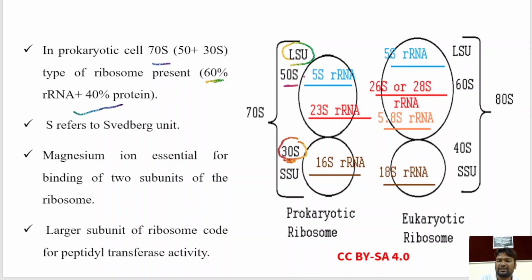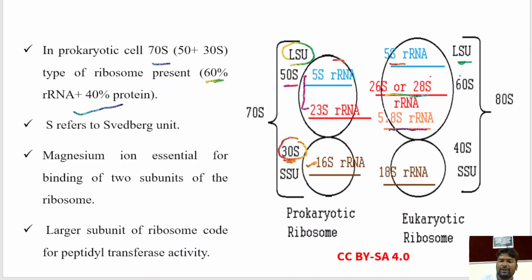The 50S is divided into two subunits, 5S and 23S rRNA, and 30S has one subunit, that is 16S rRNA. In eukaryotes, the large subunit is 60S and the small is 40S, and 60S is divided into 3 subunits: 5S, 28S or 25S, and 5.8S rRNA.